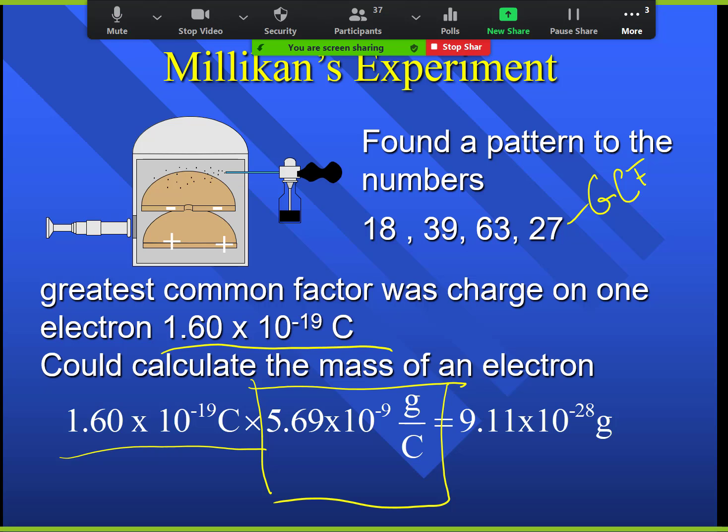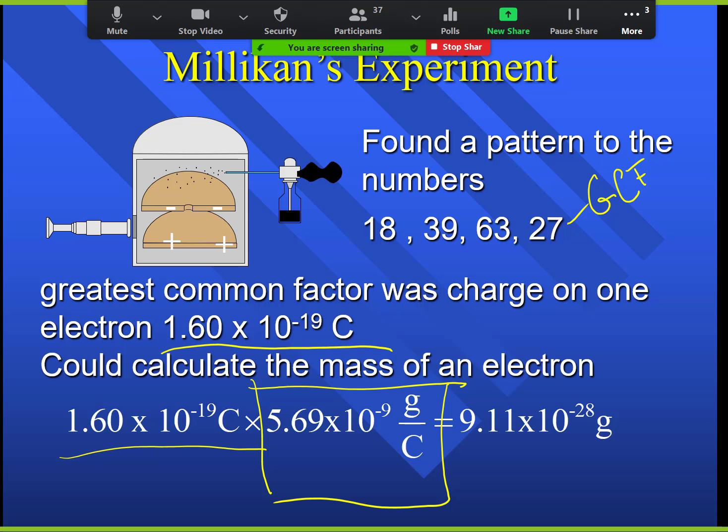Give you an idea of how small this actually is. Remember we said a raisin was about a gram? So if I took that raisin and I cut it into 1 billion pieces, and then I took one of those pieces and cut it into 1 billion pieces, then took one of those pieces and cut it into 1 billion pieces, it would still be bigger than an electron.